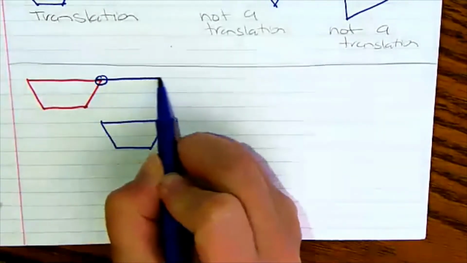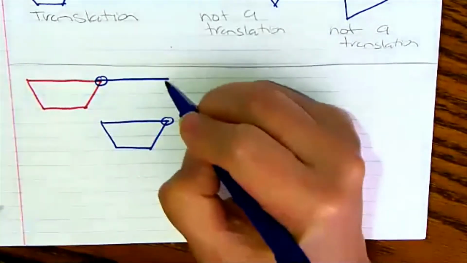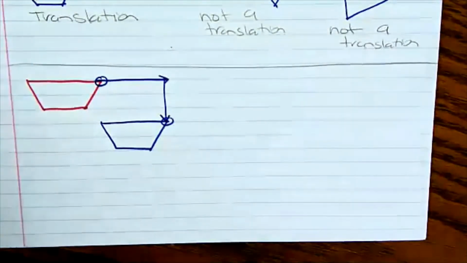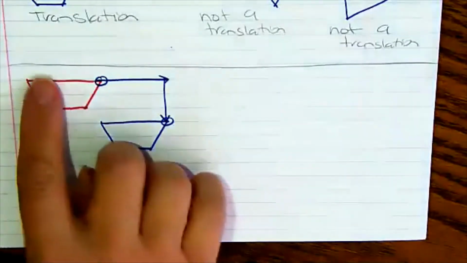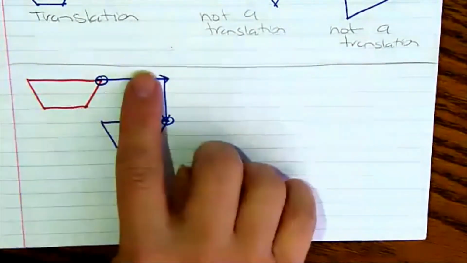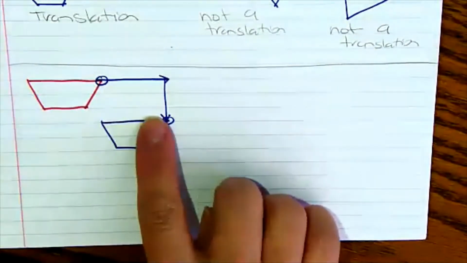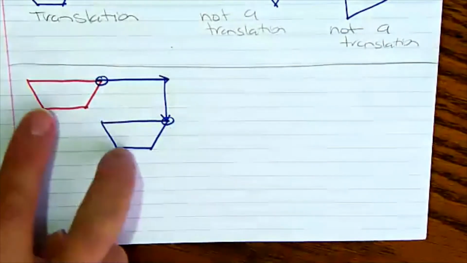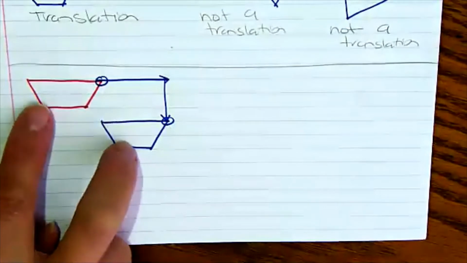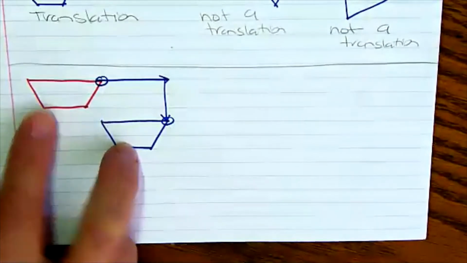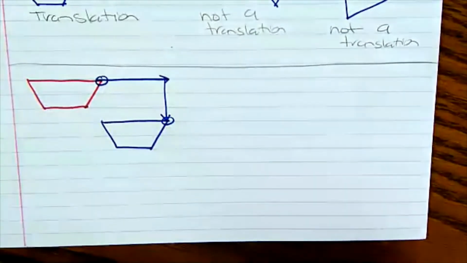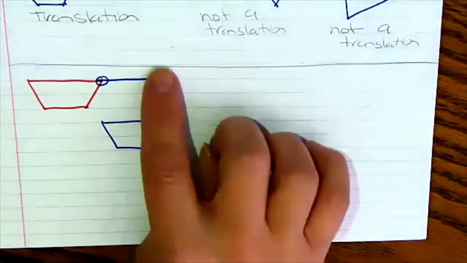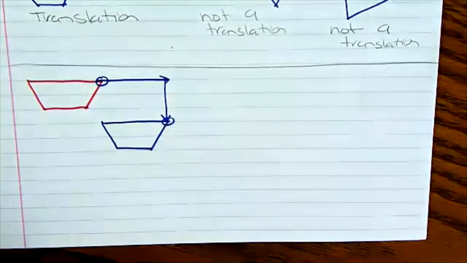So it looks like we slid it to the right, and then we slid it down. The two figures are congruent. They're the same size and same shape, and they are in the same orientation. So this is a translation. We slid it to the right and we slid it down.